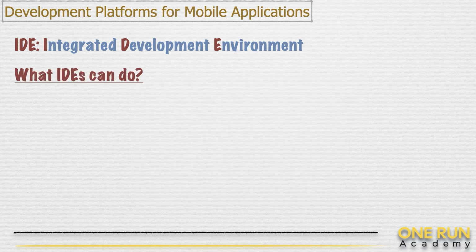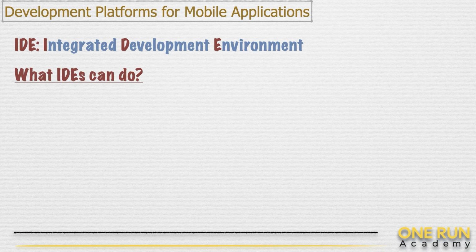So, what are the common functions and capabilities of an IDE? Of course, what I mean here by IDEs are the mobile IDEs, as we are going to see in a moment. Anyway, mobile IDEs offer a vast range of capabilities that help us develop and test mobile apps. And let's take a look at some of them.